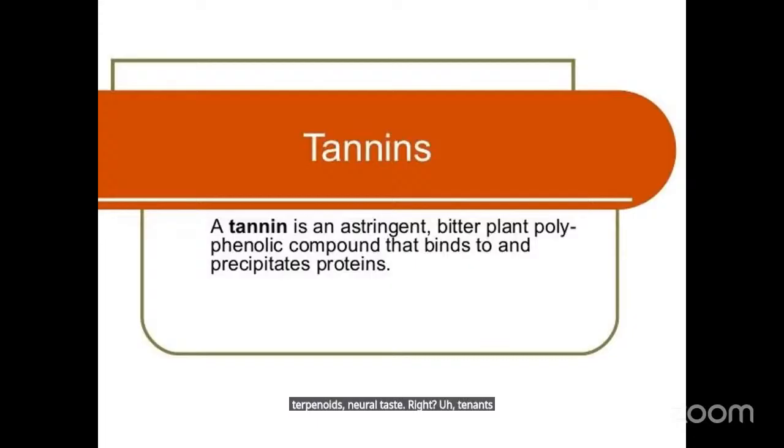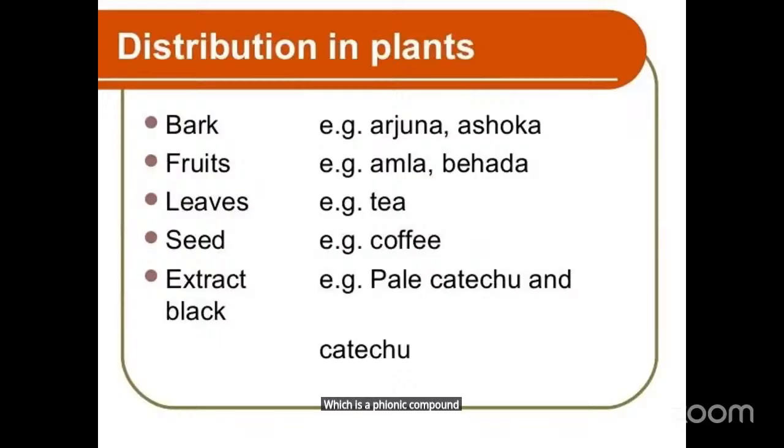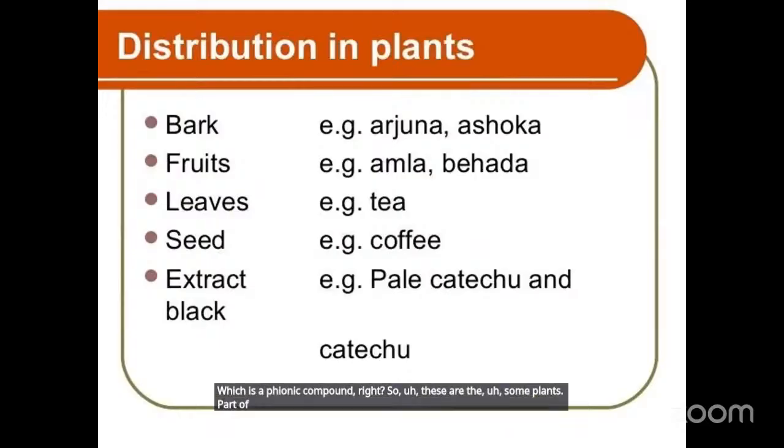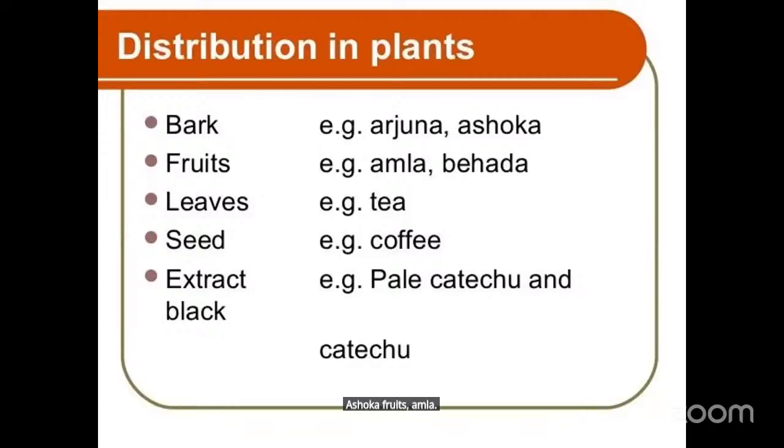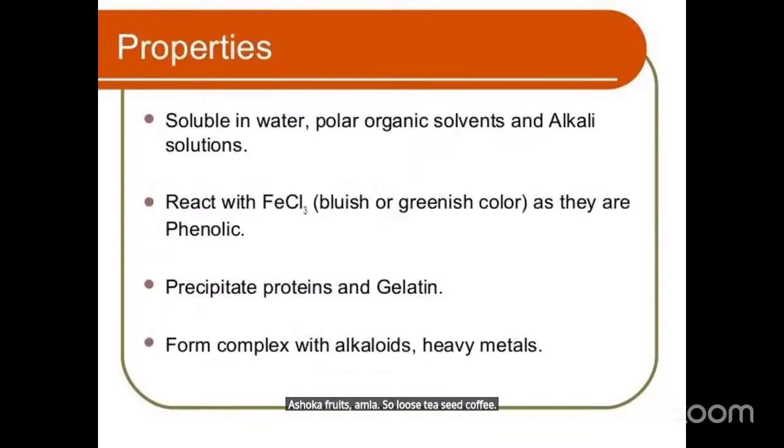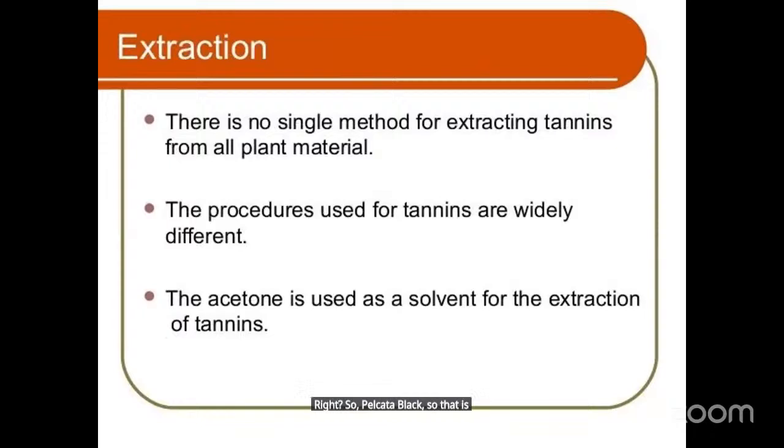Tannins is an astringent bitter plant, which is a phenolic compound, right? So these are the some plants, part of the plant: bark, Arjuna bark, Ashoka, fruits, amla, leaves, tea, seed, coffee, right? So Pale catechu, black. So these are some properties. There is no single method available for the extraction of the tannin, right?